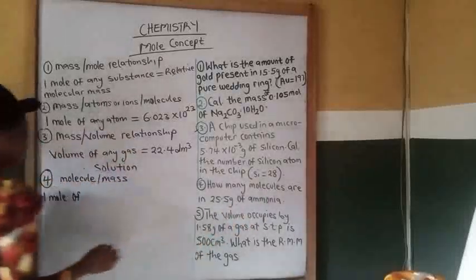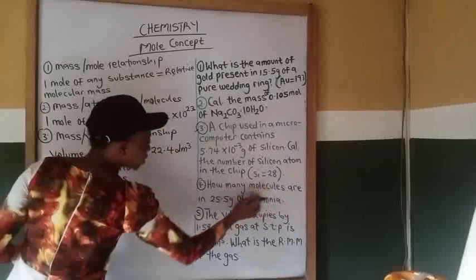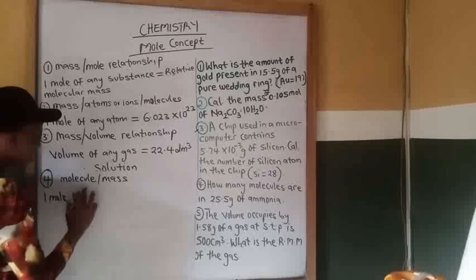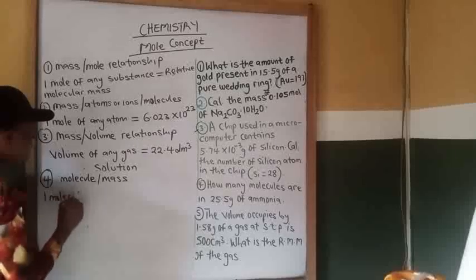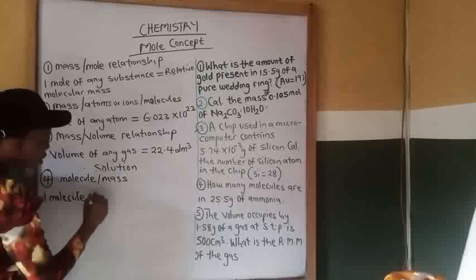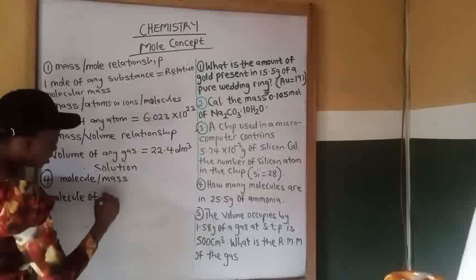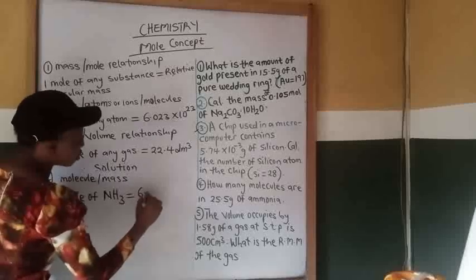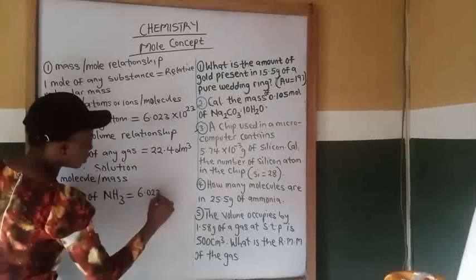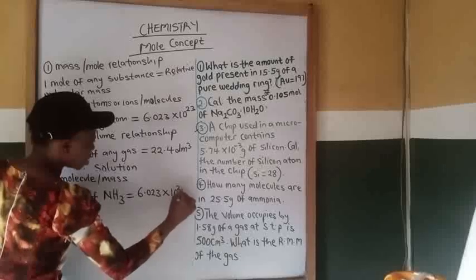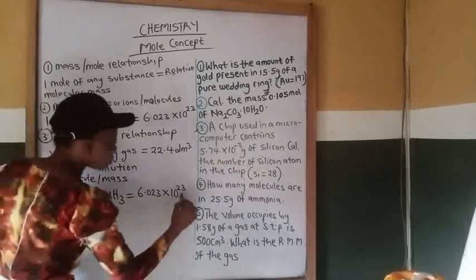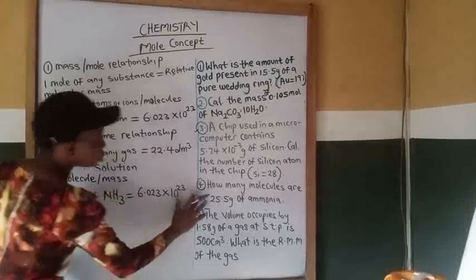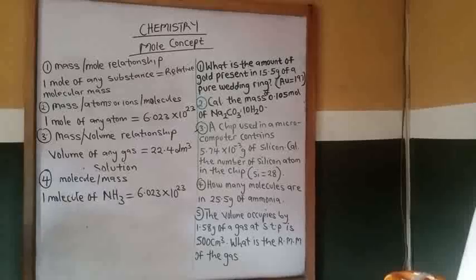The substance or the molecule is ammonia. 1 mole of ammonia, that is NH3, equal to your Avogadro's constant, 6.023 times 10 raised to power 23 molecule. So that's the first step to take.